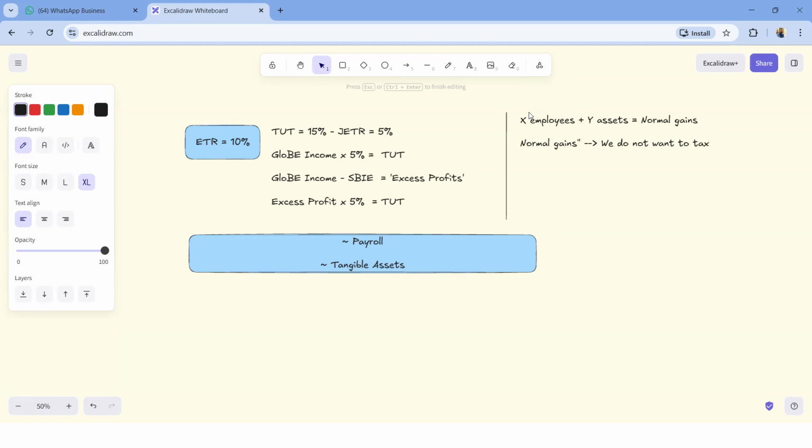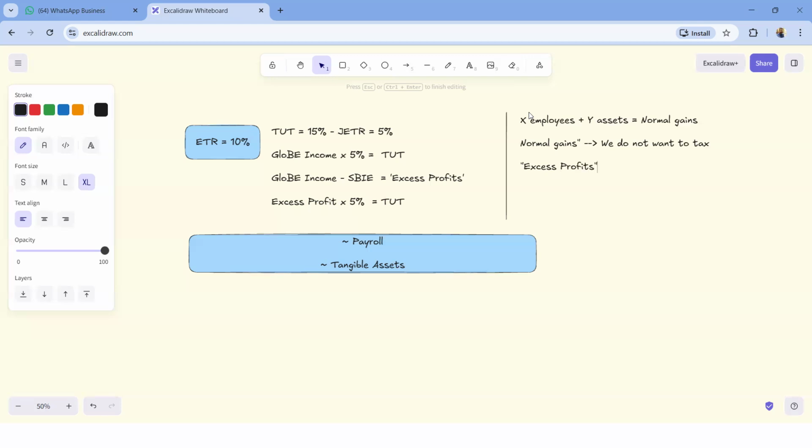Because if you have so many employees and you're generating work, that means it's a normal business activity. You will not invest all this without a business opportunity in mind. So those normal gains, we don't want to tax. We want to tax only the excess profits.